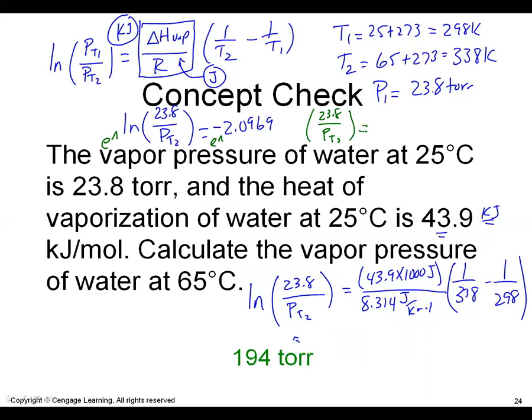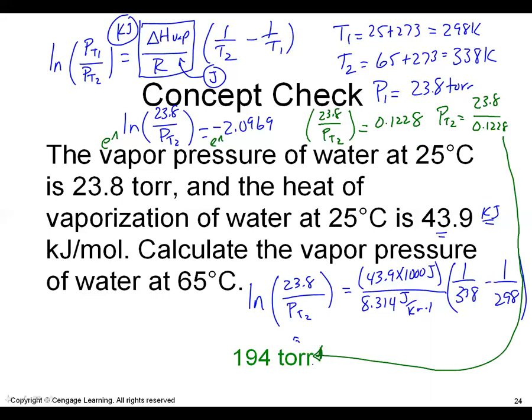When we take e of the other side, we end up with 0.1228. We're going to multiply P at T2 to the other side and divide the other number over, and that will eventually get us to our number here.